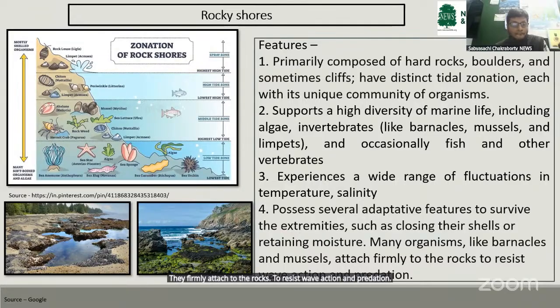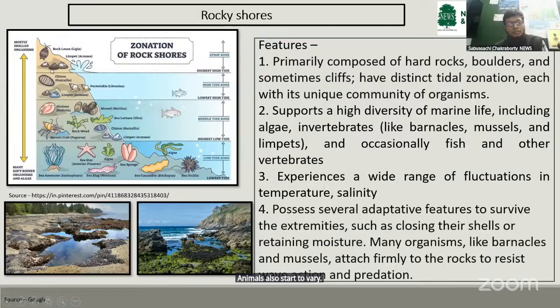So here are two pictures of two different areas. Here you can find the wave coming inwards. It's the high tide, and you can see green patches of algae in this region. Depending on the availability of the water, the amplitude of the water, the nature of the animals also starts to vary.